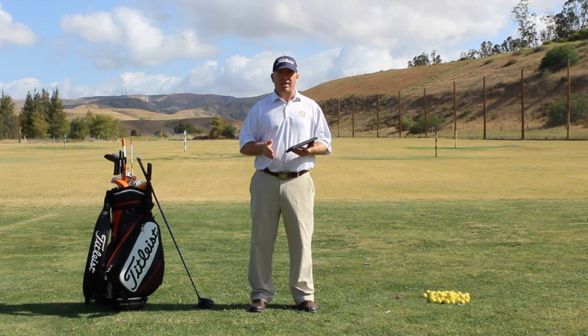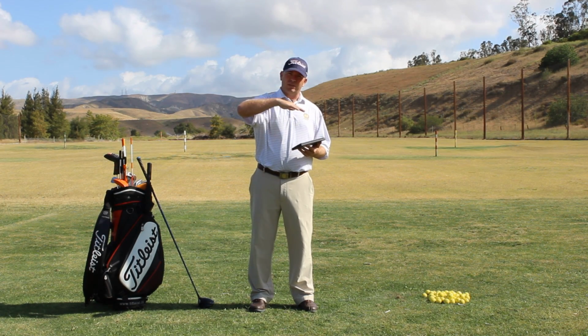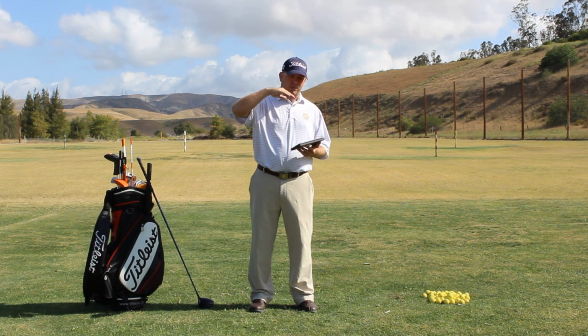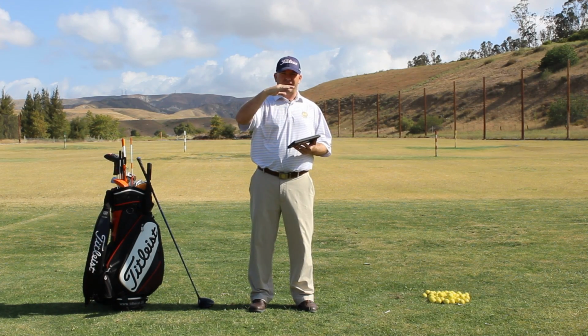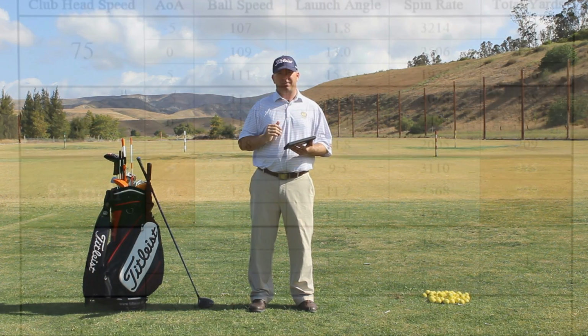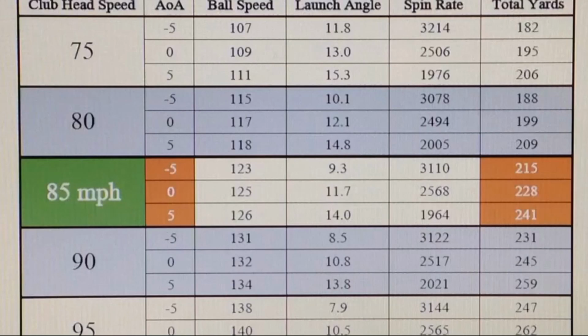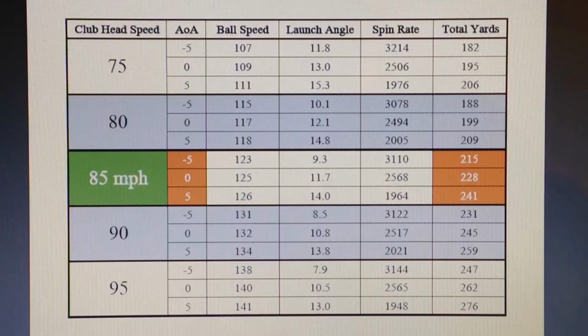So let's look at a few sample numbers to say what's the optimum trajectory and spin rate for hitting down, for hitting flat, and for hitting up on the ball. Here's a great little graph that connects the angle of attack with the corresponding optimum launch angle and spin rate.